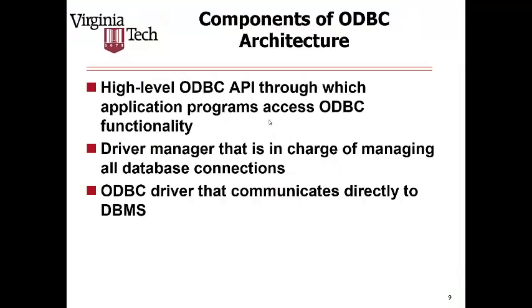Well, so the ODBC is made up of a number of pieces. First is the high-level API through which things are passed. On the online survey system, we pass through essentially just SQL strings.